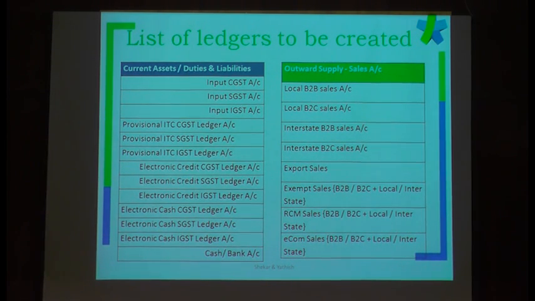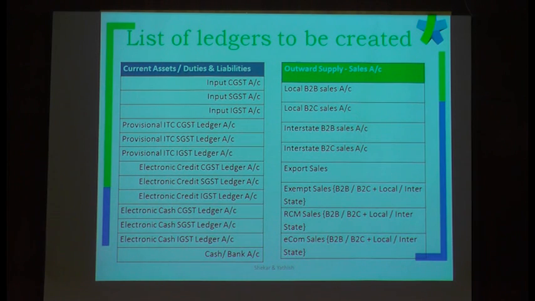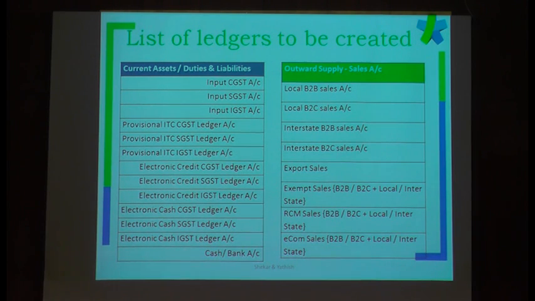In those cases, my credits are going to be provisional. Why is it important to track provisional entries? Because once he does not file his returns on time, then within a span of 2 months, it is 1 month plus 1 month that he gives as time, I will have to reverse it.